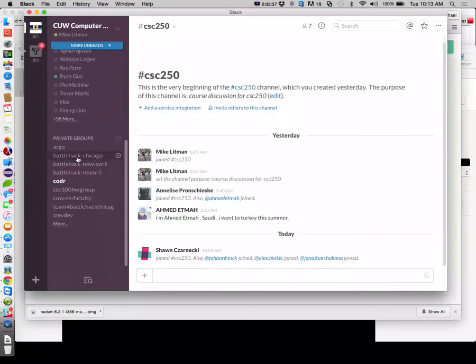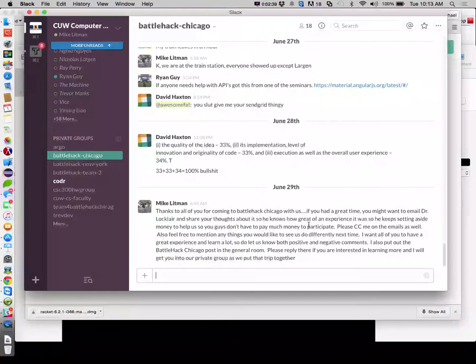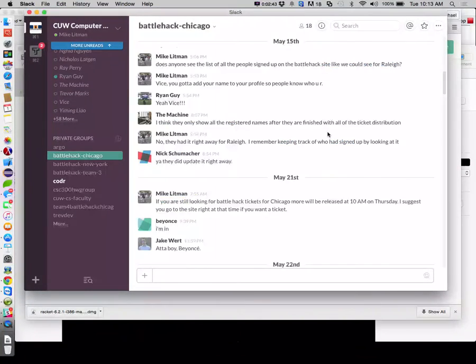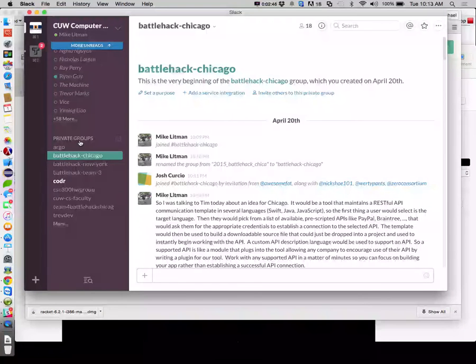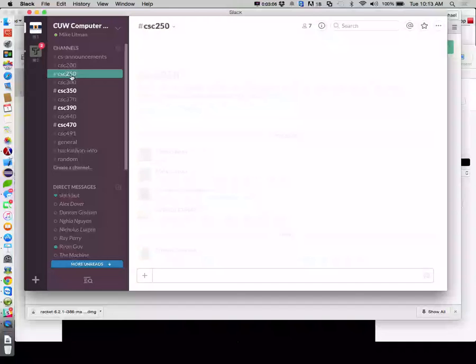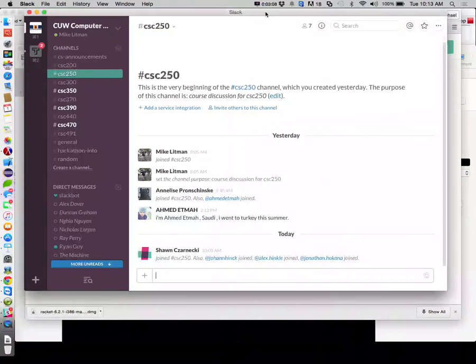A bunch of the students who went to that hackathon had a bunch of communication in here all summer long. So if you were in this group but not interested in Battle Hack Chicago, your phone would have been blowing up, especially in the week leading up to the hackathon. So you can turn off notifications based on which things you actually care about. I would probably turn it off in general, as well as any courses you're not in. But for us in here, I would have notifications turned on for 250 in case I post something.